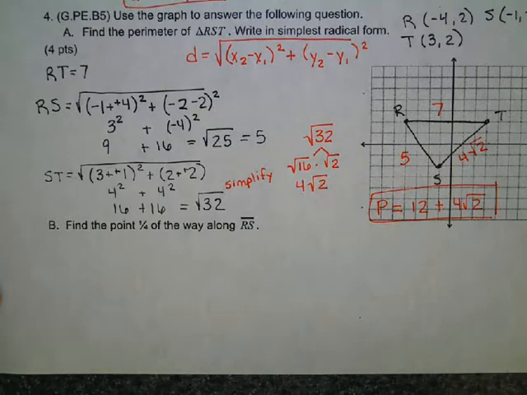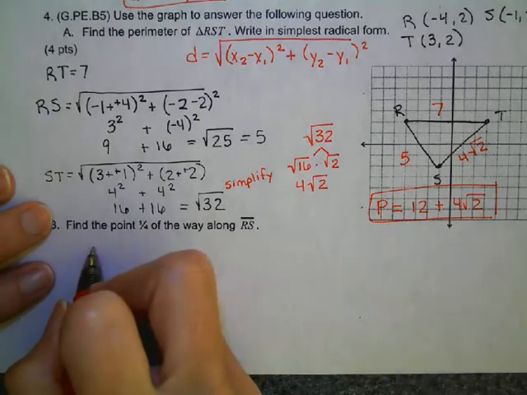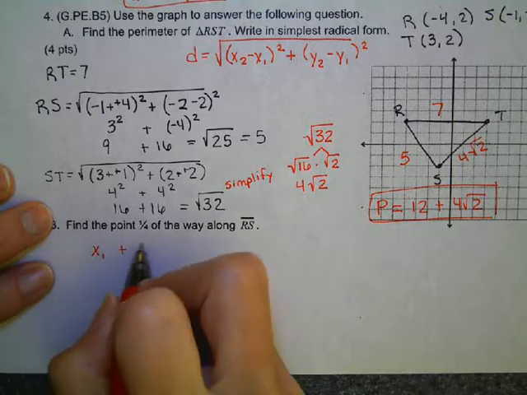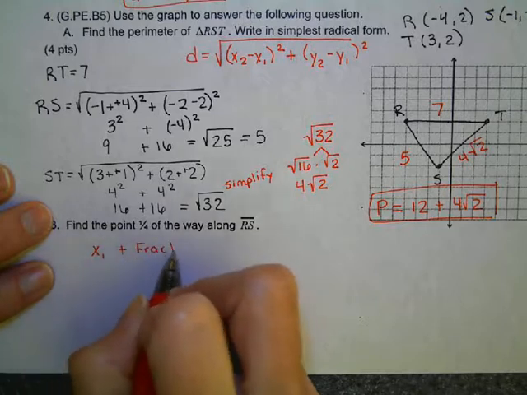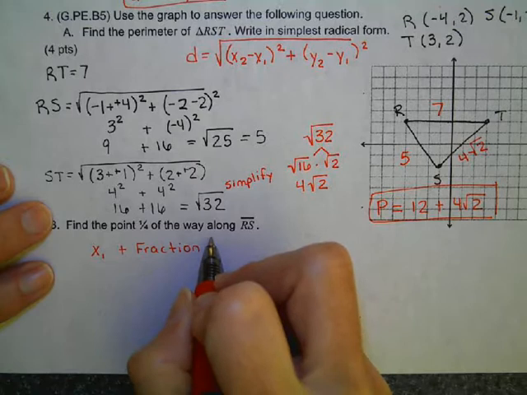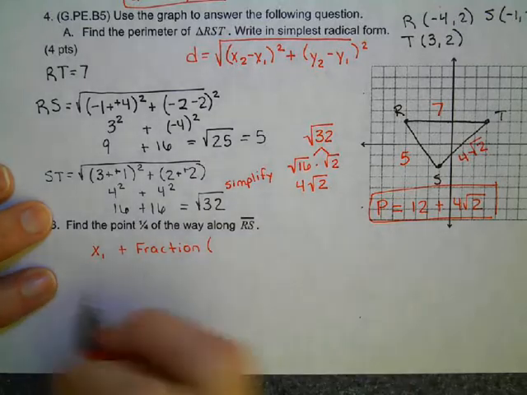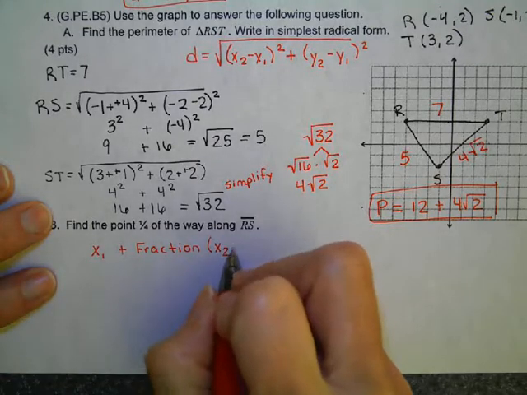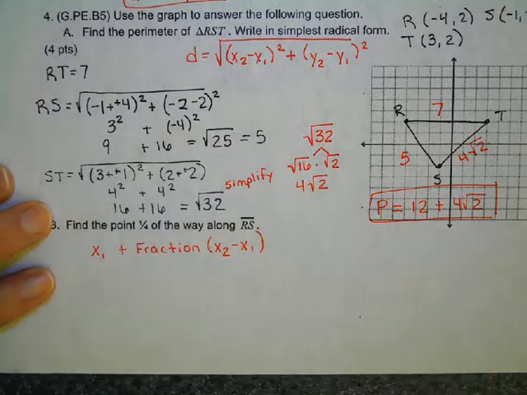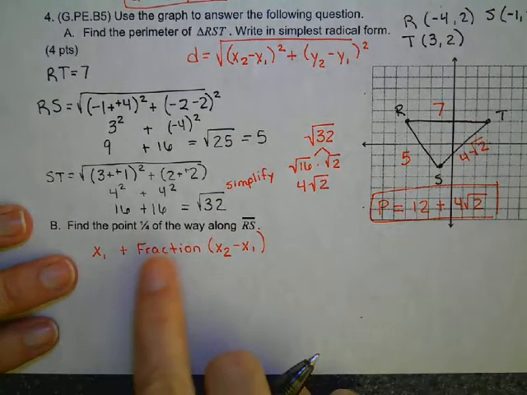Alright, the last one, this is kind of one of those where you're finding a fraction of the distance other than halfway. So the formula we used for this one was x1 plus the fraction of the distance. So fraction of, we're talking about the distance between the x's, because this is x2 minus x1. You would do the same for the y values.